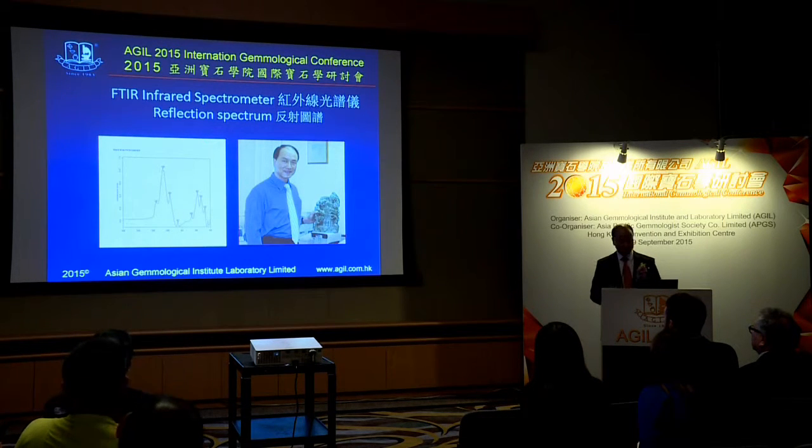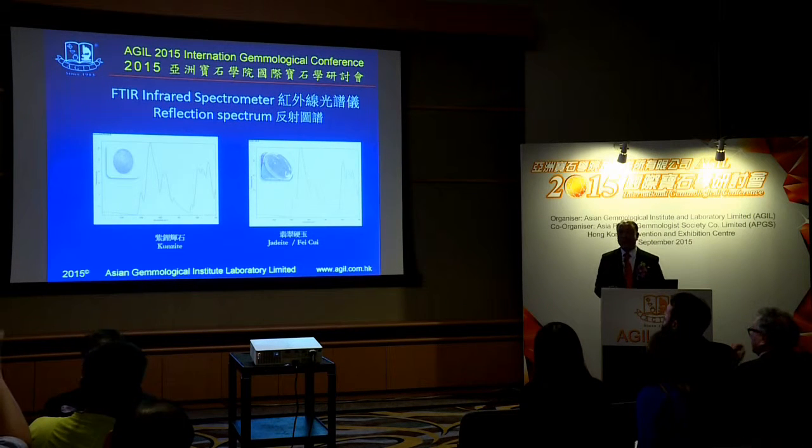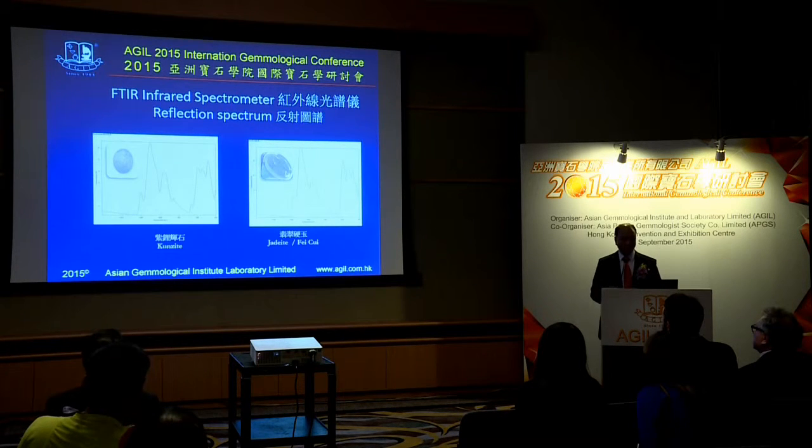On the left-hand side is the reflection IR spectrum of kunzite, and the right-hand side is the reflection IR spectrum of jadeite.